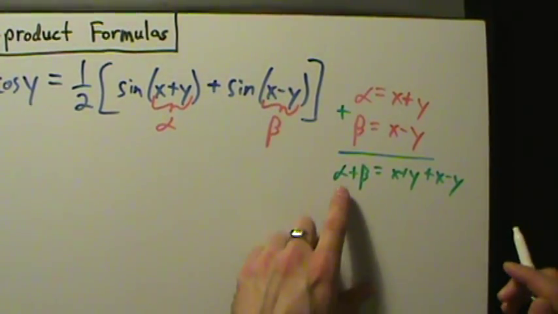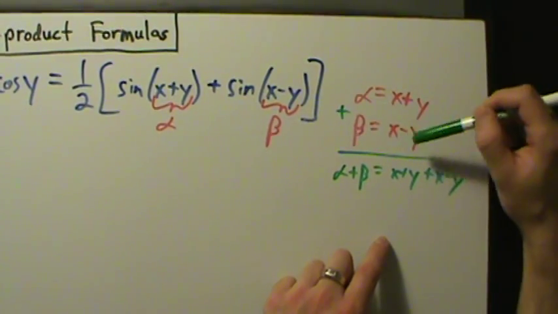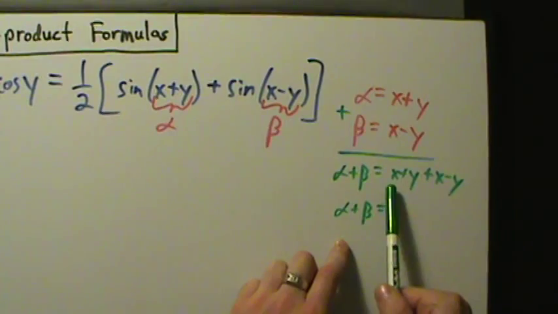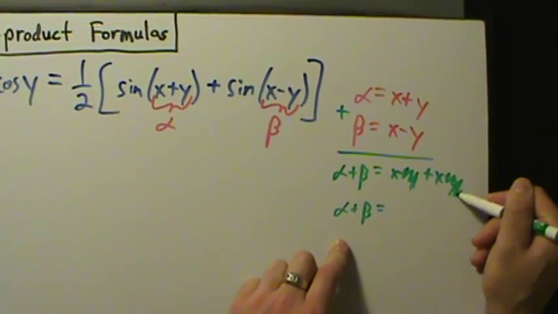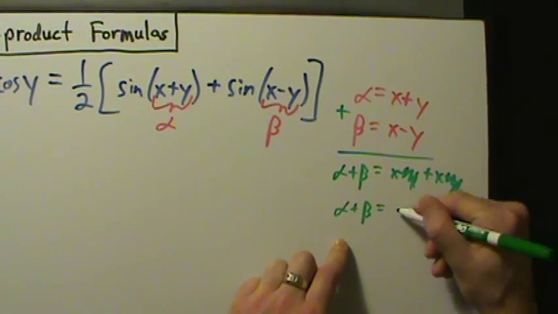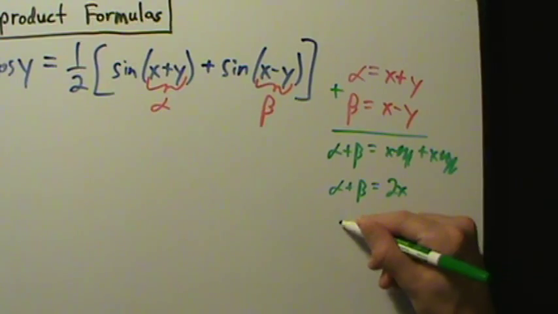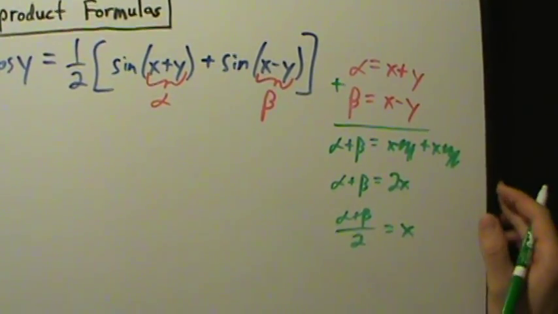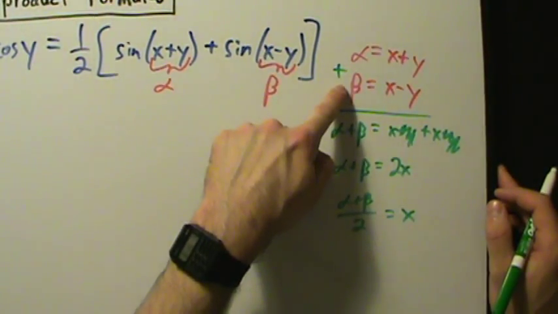Plus y minus y cancels, and x plus x is 2x. Then we can divide everything by 2, so alpha plus beta over 2 equals x. So if we add these equations together, we get x.